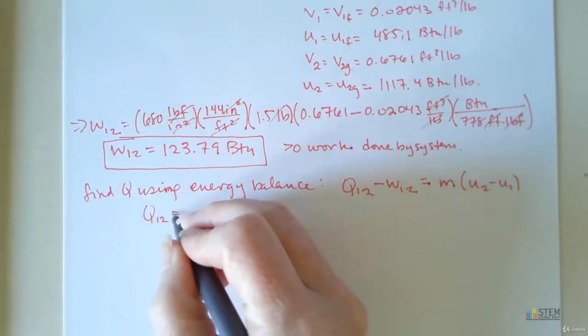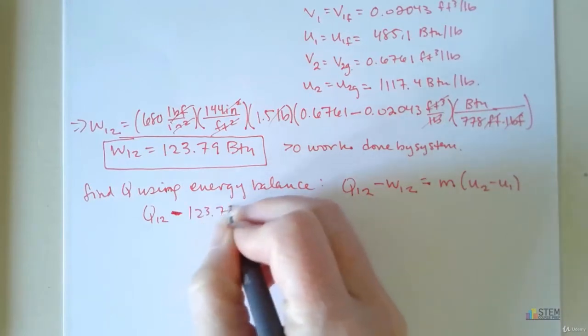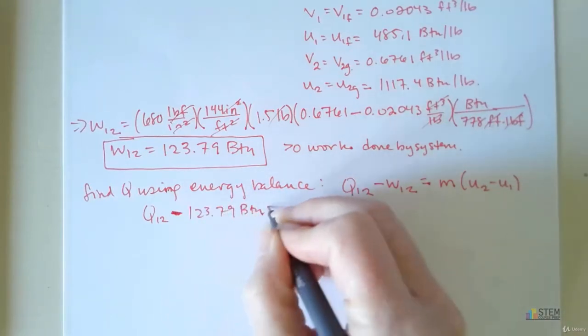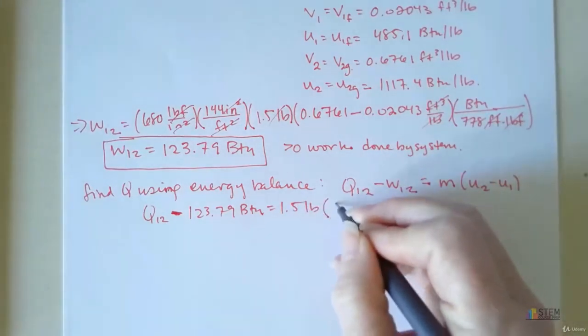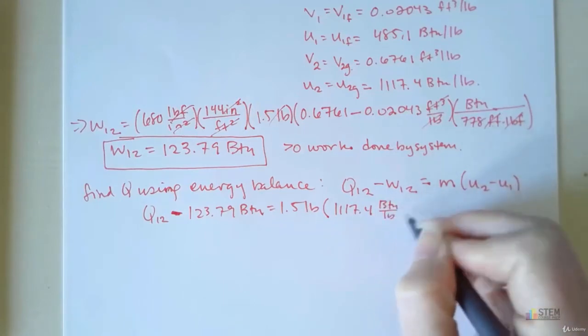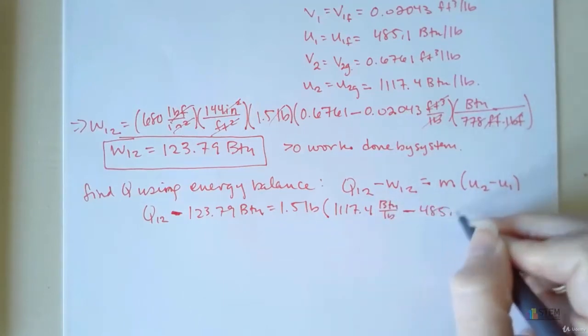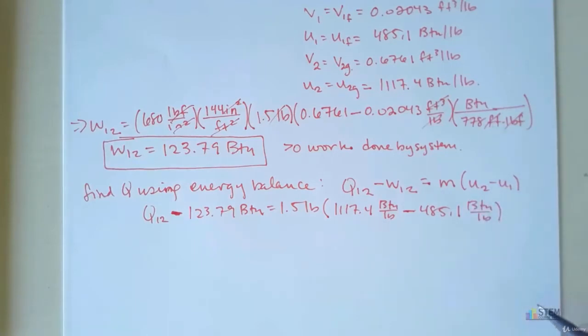So we're going to have Q12, this is a minus 123.79 BTU equals 1.5 pounds times 1117.4 BTU per pound minus 485.1 BTU per pound. Check out your units. That looks good. Everything's in BTU, so that's perfect.